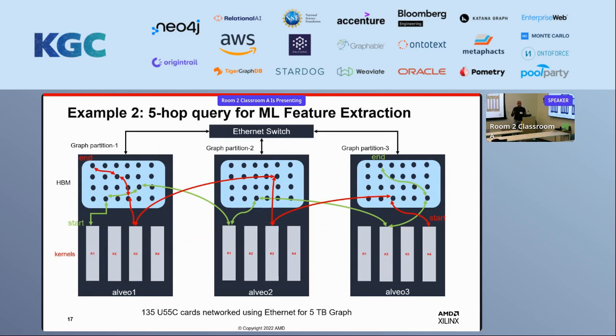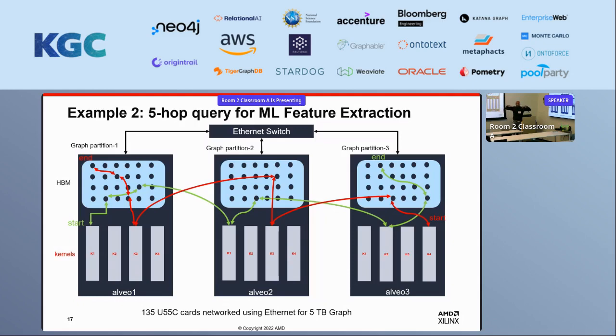So the way we are doing this with this bank is we are going to have 135 Alveo cards. And these Alveo cards are networked using Ethernet. And these kernels look at a partition of the graph. They start in parallel. Whatever they cannot find in their partition, they queue up for the other one, which processes it and returns it back.